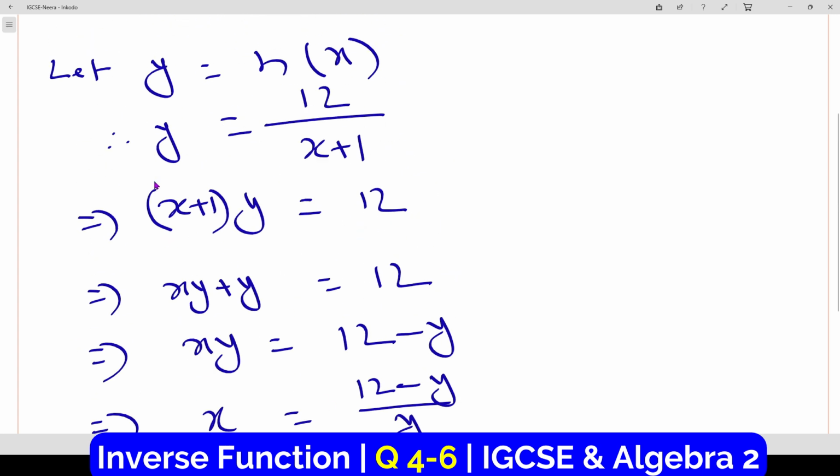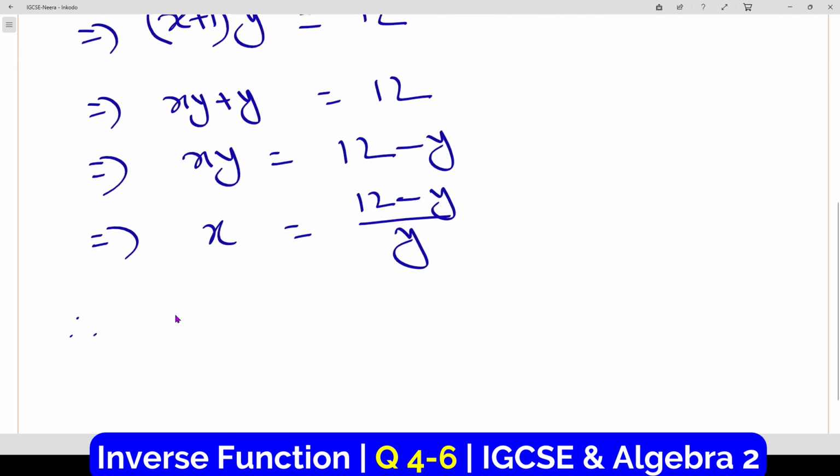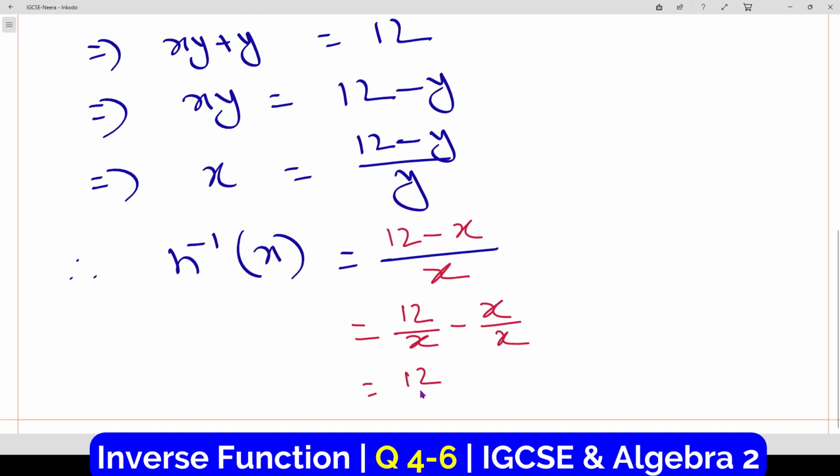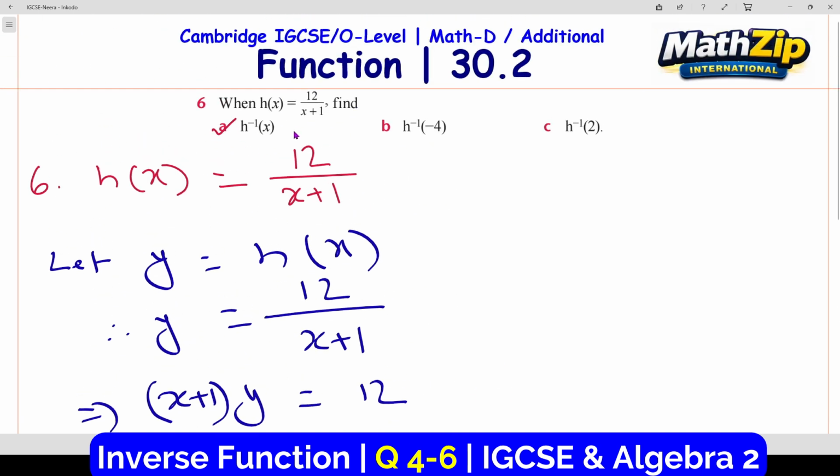So ultimately we can write inverse h of x equals (12 minus x) divided by x. And if you want, you can write this as 12 by x minus x by x, so it will be 12 by x minus 1. So this is number A, which is 12 by x minus 1.